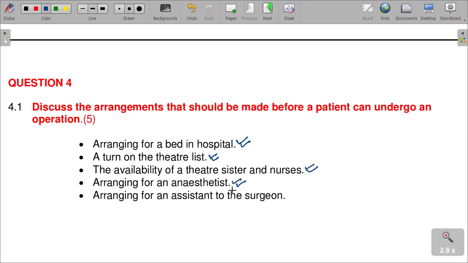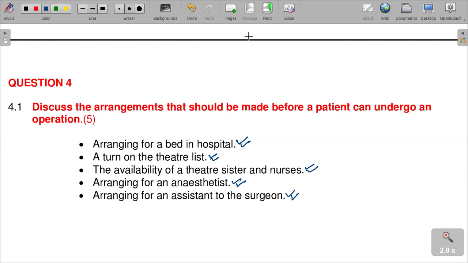It must be there to ensure that the patient does not suffer a lot of pain. And then arranging for an assistant to the surgeon, which is also part of the work that must be done. The assistant to the surgeon must also be available, as you can see from these factors.